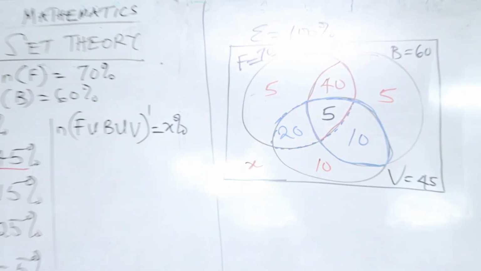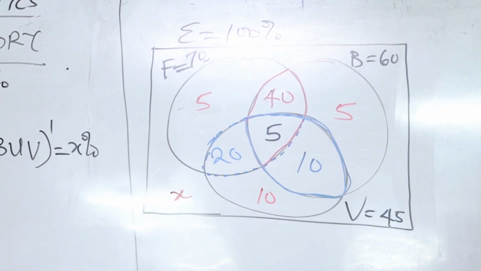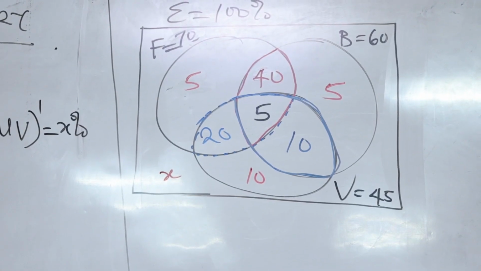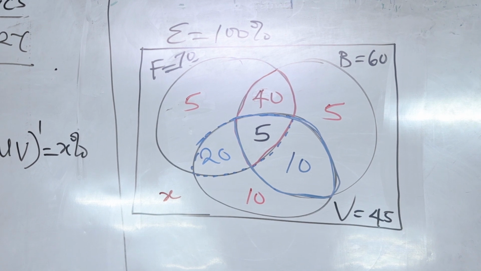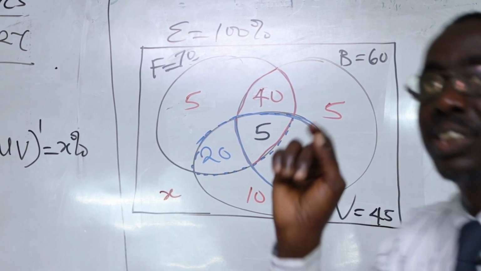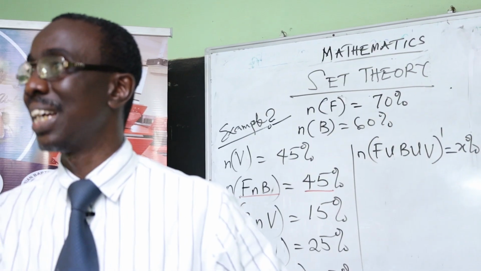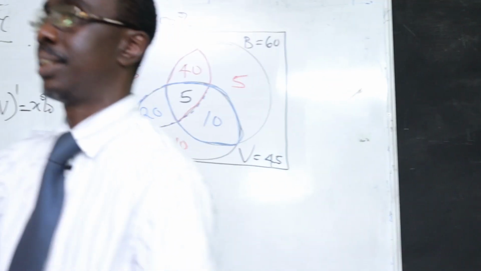Yes, sir. With that, we can now look at what exactly the question is asking us to do. It said, use the Venn diagram to find the percentage of students who liked football and volleyball, but not boxing. What is the other name for football and volleyball, but not boxing? Can somebody give us another statement that can be used?